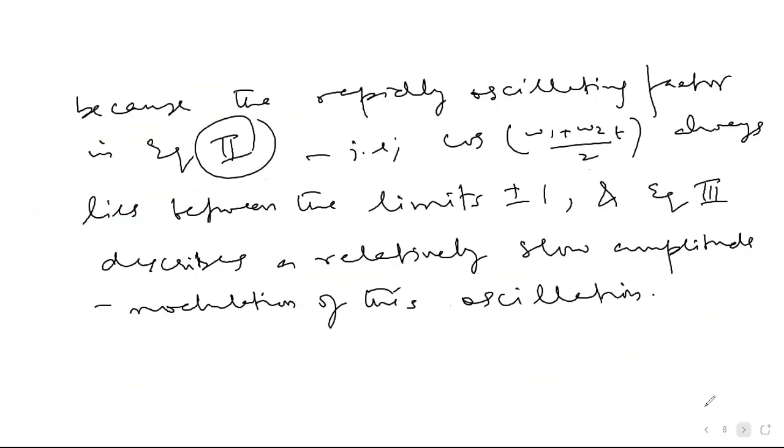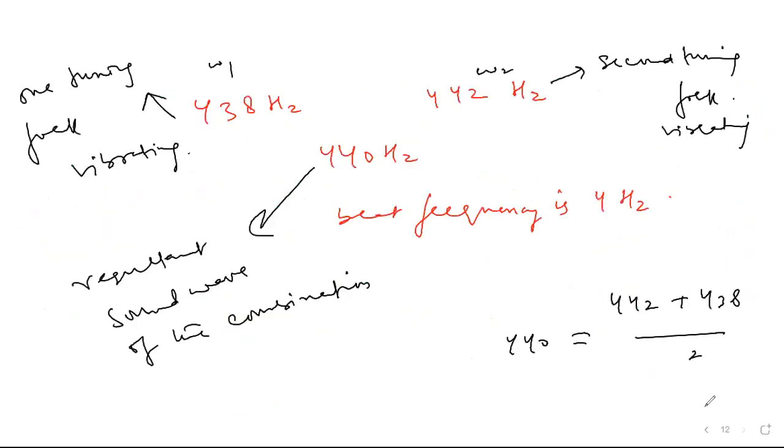So that's why we said when two tuning forks vibrate at these two frequencies, we will listen to a sound wave of frequency 440 hertz, and we will listen to the beats with beat frequency of 4 hertz. That means we will listen per second 4 beats, right? I hope it is clear to you.